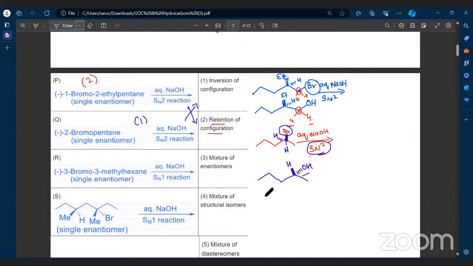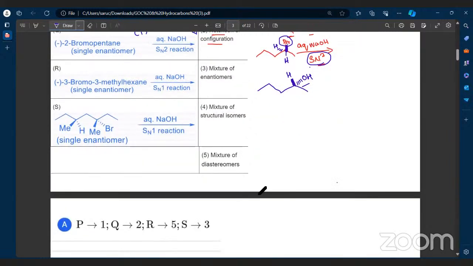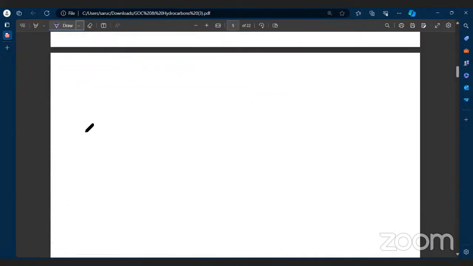First we will write the structure. Let's move to the next page and write the structure of 3-bromo-3-methylhexane. So 1, 2, 3, 4, 5, 6. Write it down in your notebook.